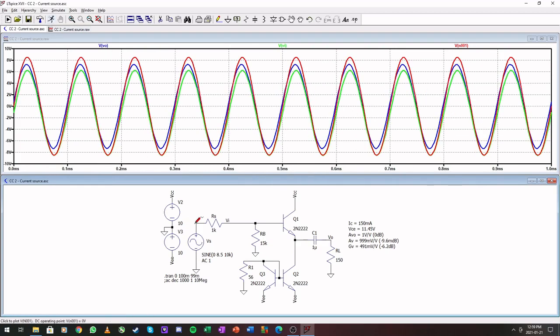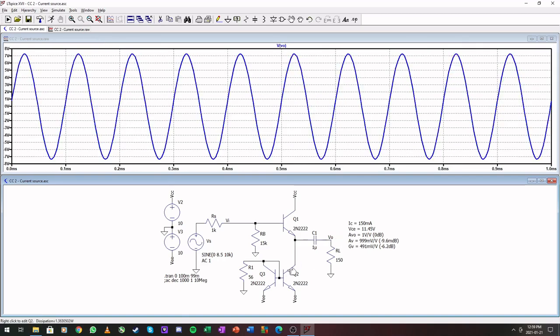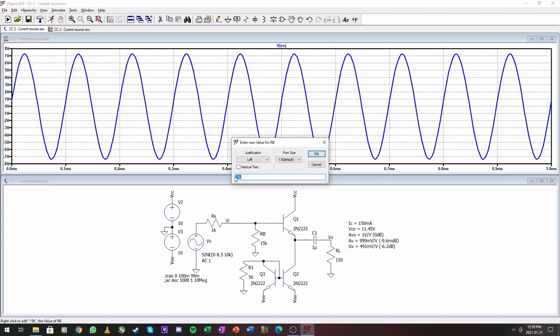So as our input impedance increases, this drop that we are having kind of decreases, and our output becomes much better.